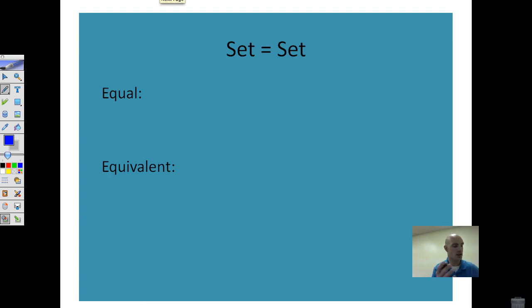A set equals a set. What does this mean? A set equals a set if they have the exact same elements. This is what it looks like. A equals B if and only if A and B have the exact same elements.